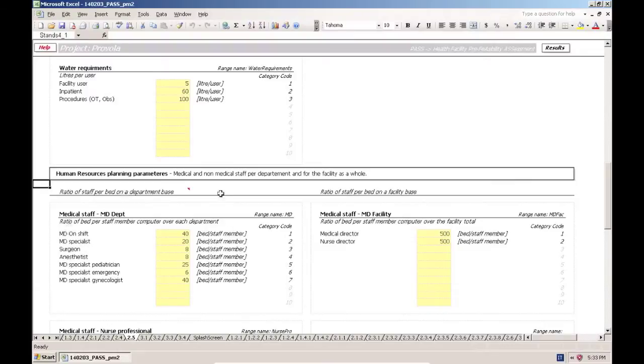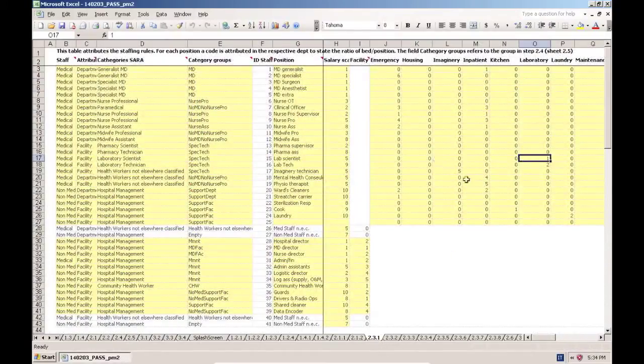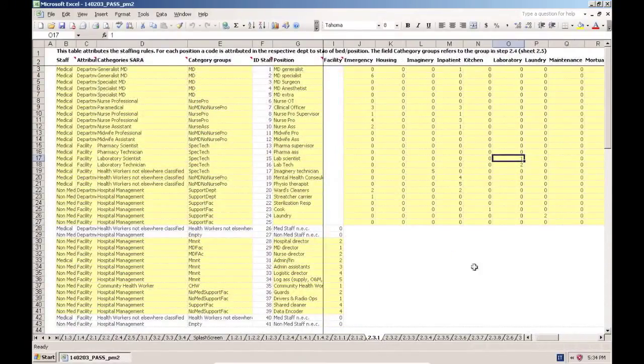So you see that in this table you have only medical doctors that, according to the position, have a different ratio. So if you want to use one of these ratios, you have to refer to one of these codes. For example, you can see that for every department there is a column, and for inpatient, for example, there is a code 1 for the position MD generalist.